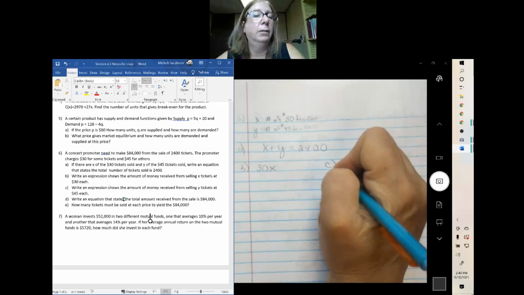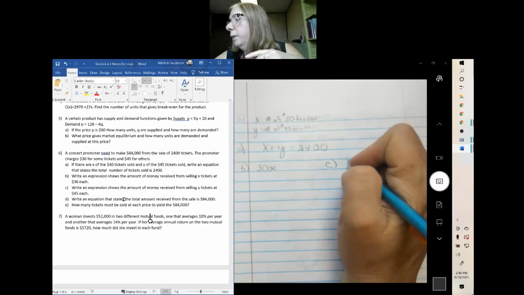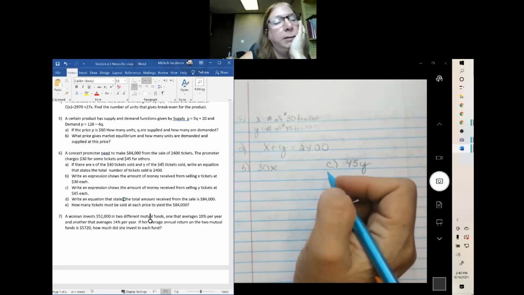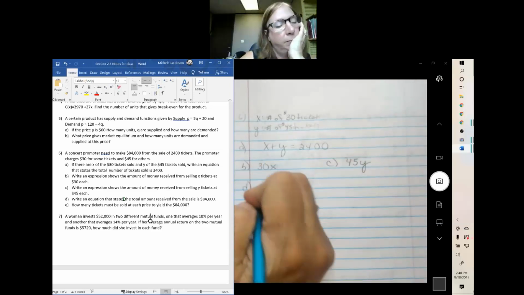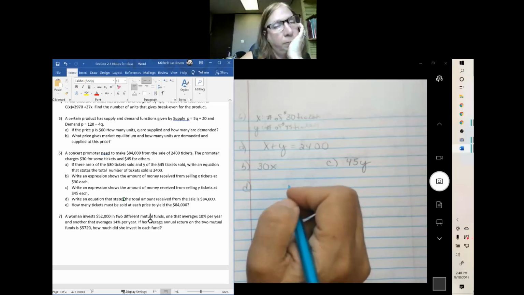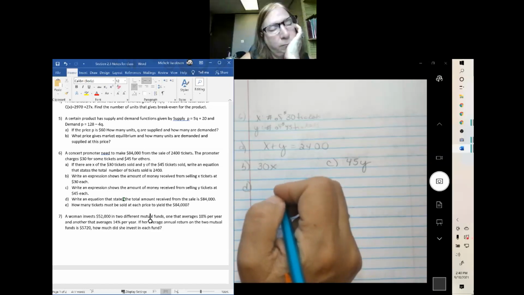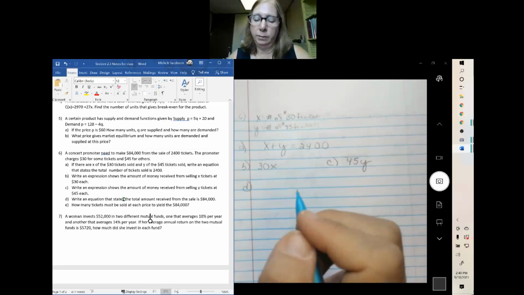Likewise for C, write an expression that shows the amount of money received from selling Y tickets at $45 each. That would be 45Y. Any questions on that?